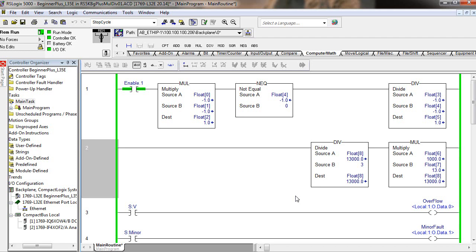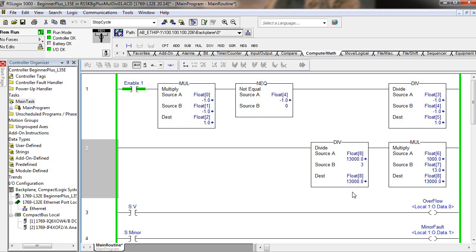So you need to understand that when you use the same tag name or register or memory location in two different math operations, there may be some interaction. Now, in this case, if you were to use float 8 for something else, you're probably going to get 13,000. You'll never see 4,333 in your calculations.